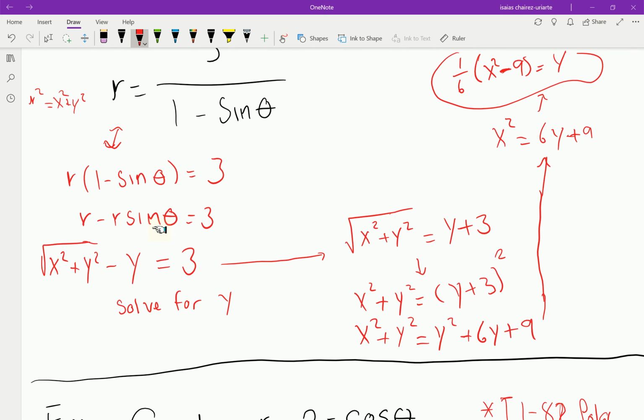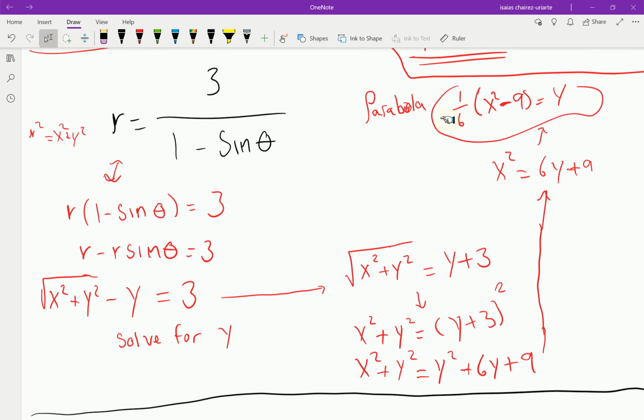Right now we're just dealing with a parabola. It's a parabola that's been shifted 9 units to the right, and it's been vertically compressed. Okay, so hopefully we agree here on the computation on how to change these polar equations to rectangular ones.